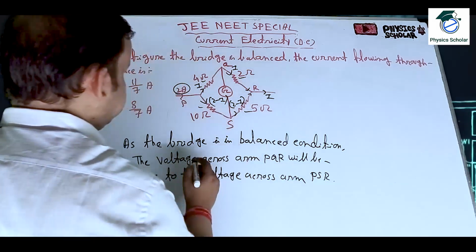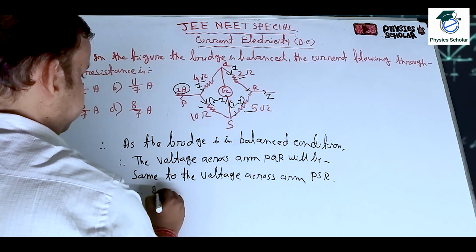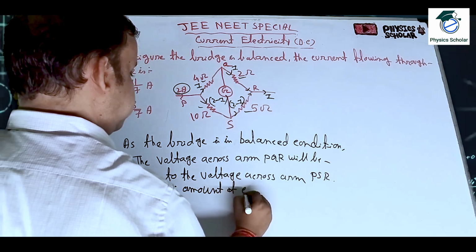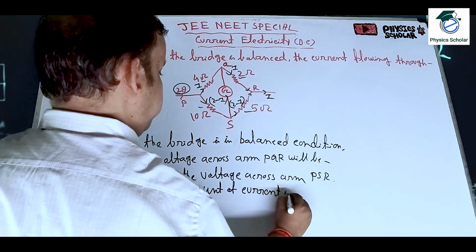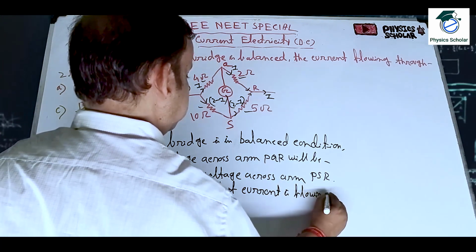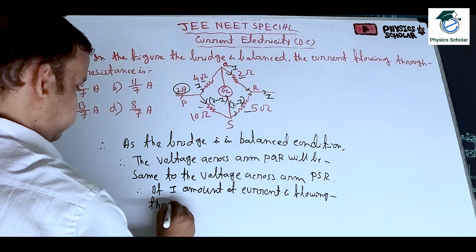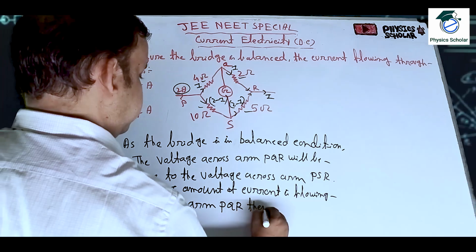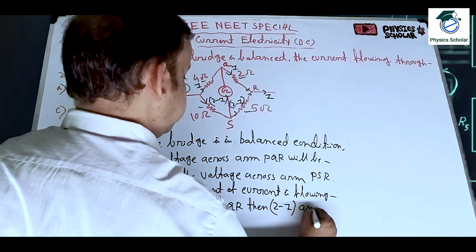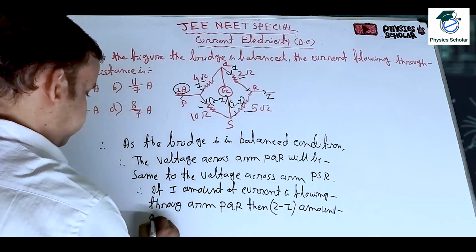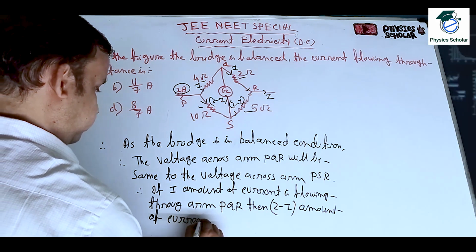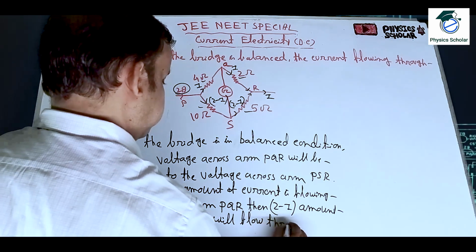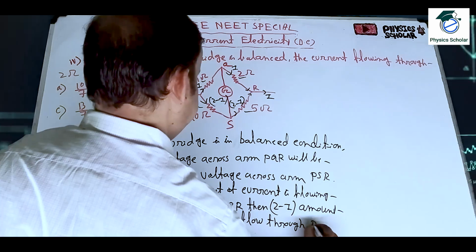Clear? Now see, if I amount of current is flowing through arm PQR, then 2 minus I amount of current will flow through PSR.